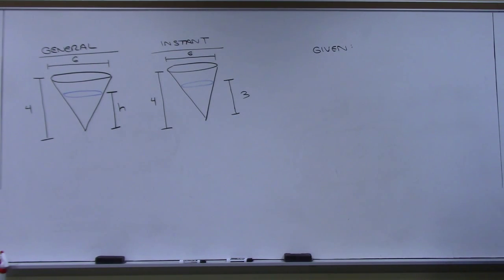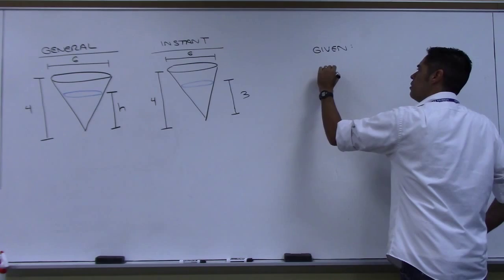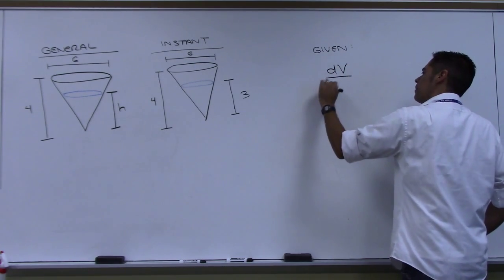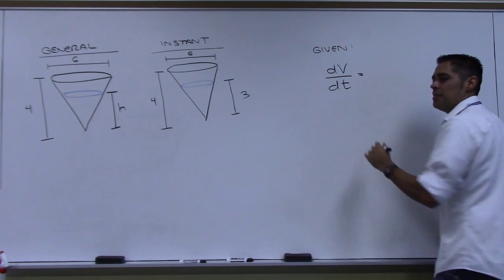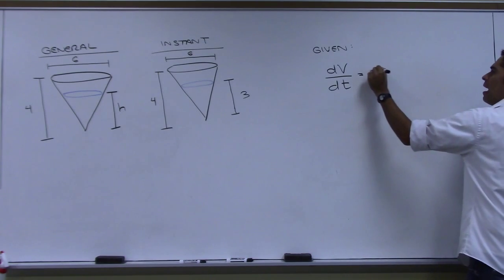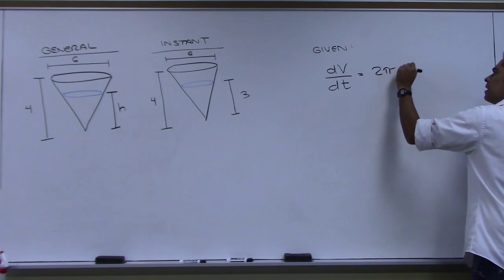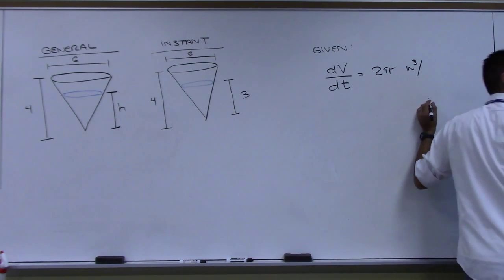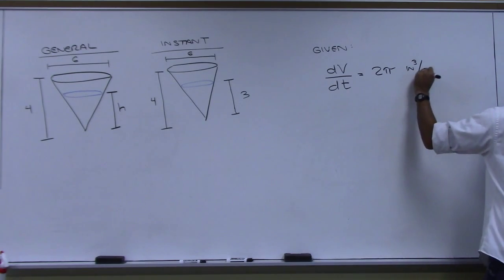Cubic inches is a measurement of volume, right? Water's being poured in. That's a change in volume with respect to time, isn't it? So they're giving you that dV dt, water is coming into this thing at 2 pi cubic inches per second.